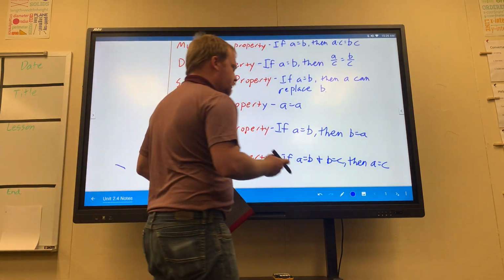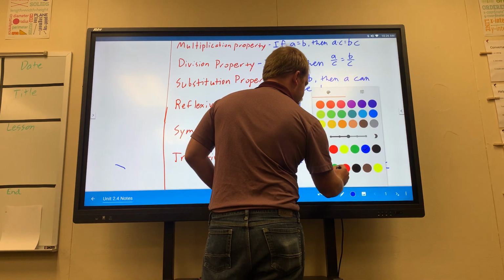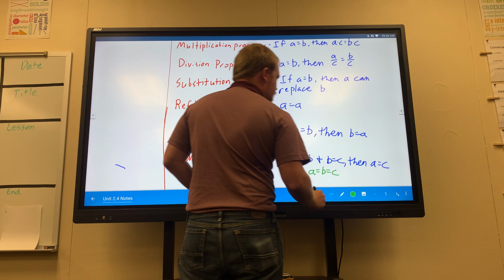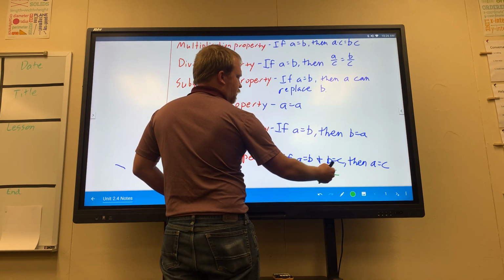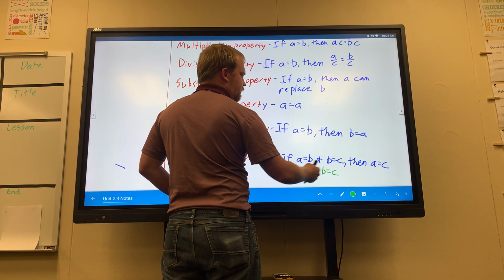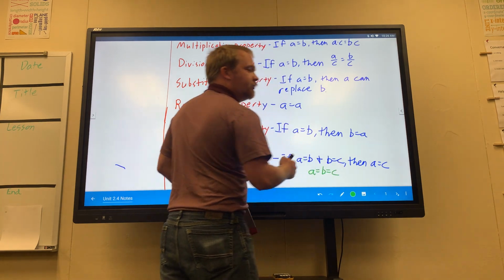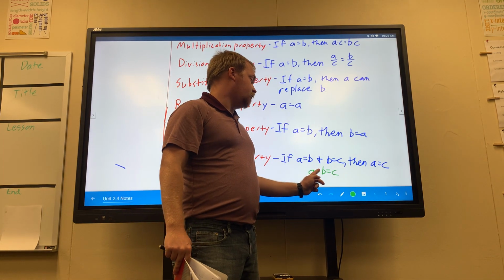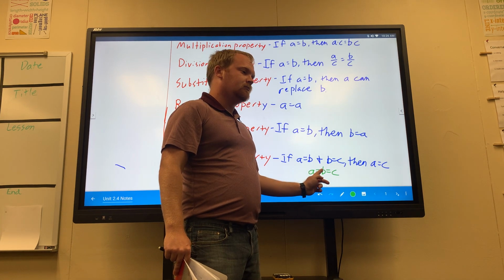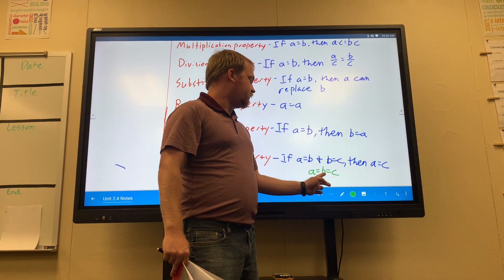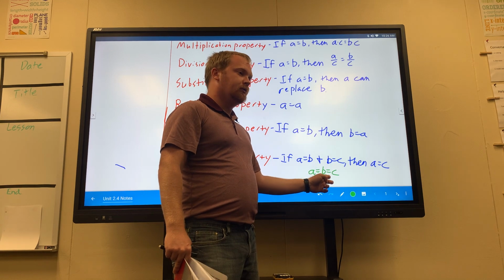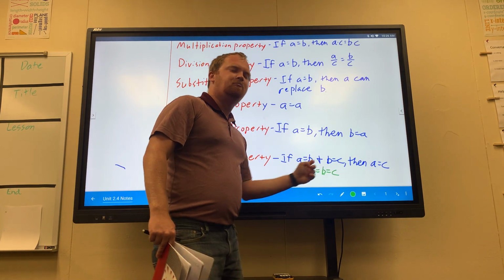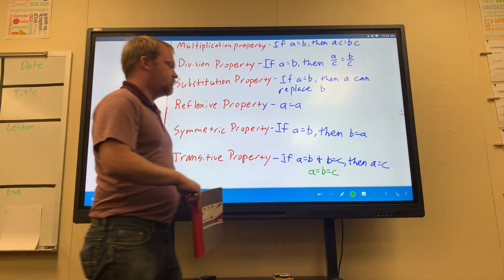And just to kind of show you how it looks, A equals B while B equals C. So, as long as they're equal to each other like this, A is going to equal C. Since A equals B and B equals C, as long as B is equal to both, then A and C can equal each other as well. That's basically what it's saying. Okay?